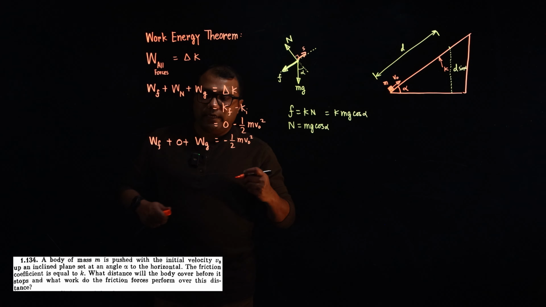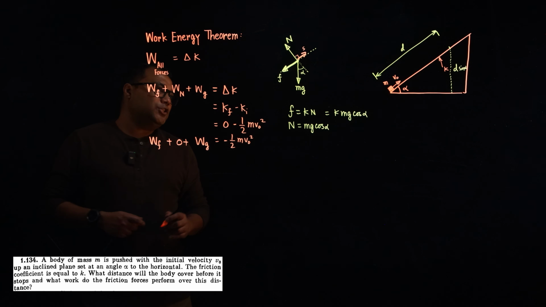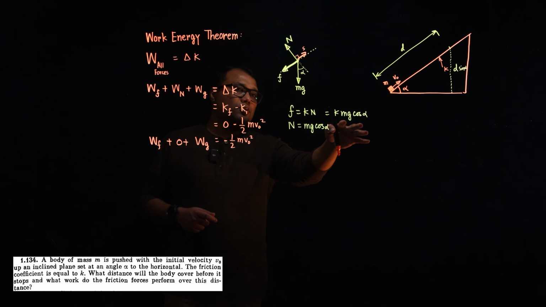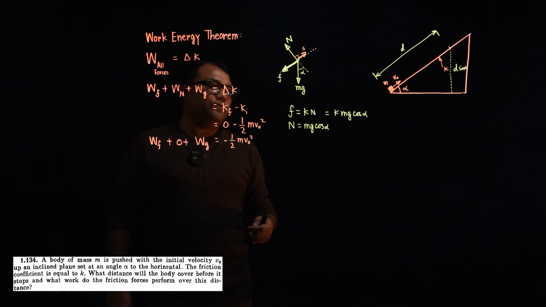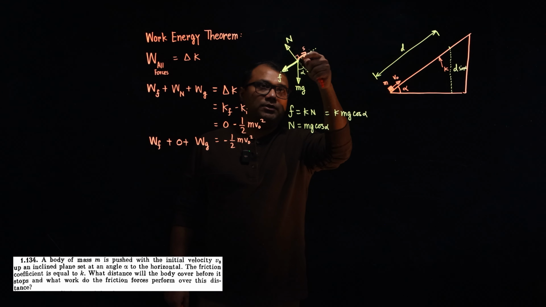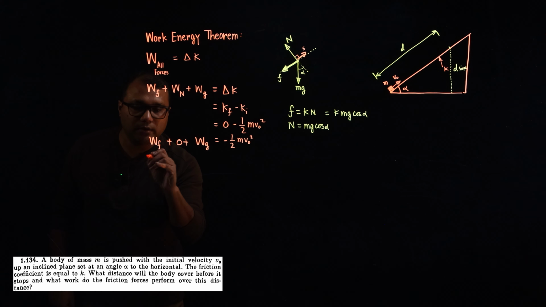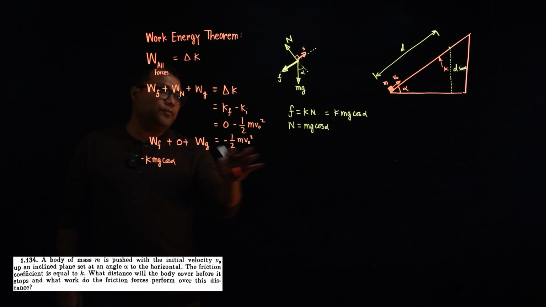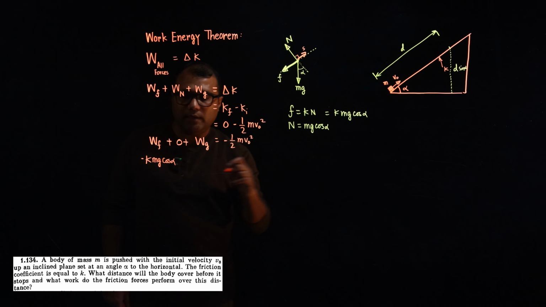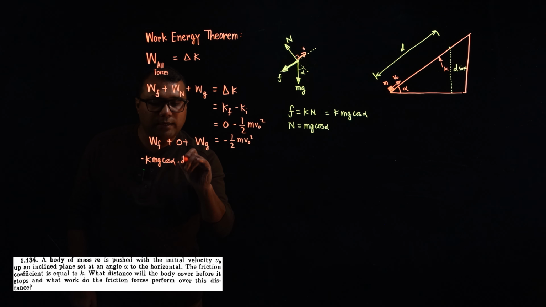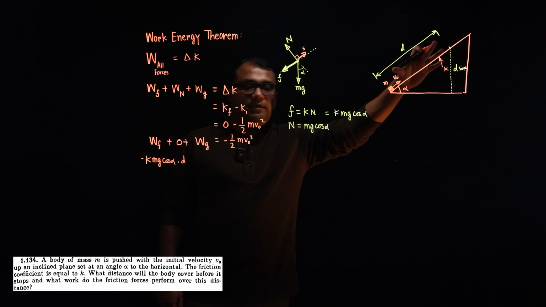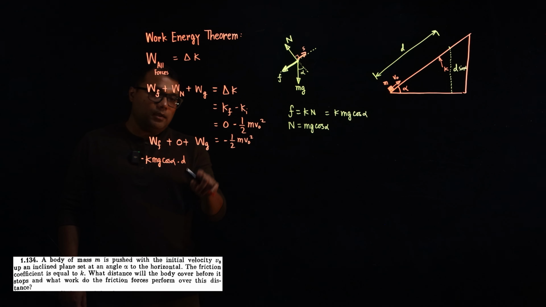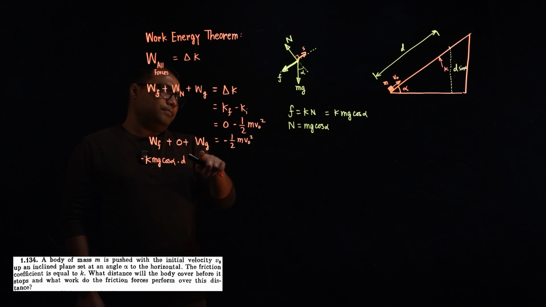Okay. So we can write work done by friction force, k mg cos alpha in the negative, opposite to the direction of displacement. So we have to put a minus: minus k mg cos alpha, times d, the displacement. Now work done by gravity.